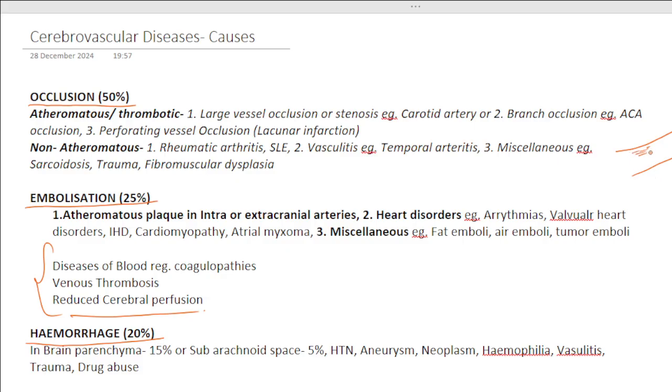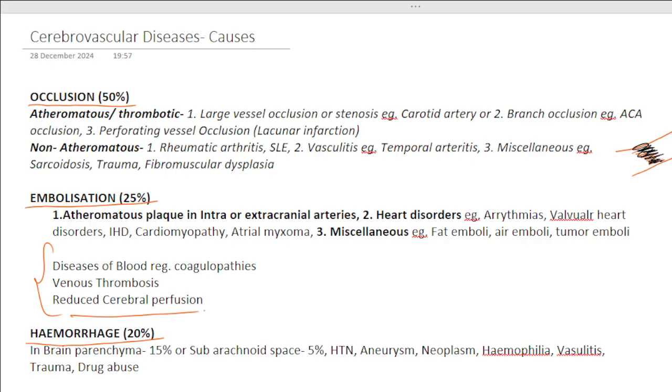So here is the problem. So it's the large vessels, right? But if it comes into branches, that's the branch occlusion I'm talking about. When we talk about anatomy, you'll understand even more. We were talking about some blood supply also.